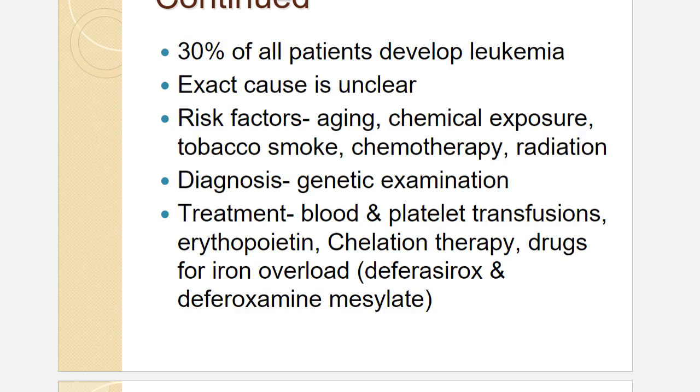Diagnosis is genetic examination, and how we treat this is blood and platelet transfusions, erythropoietin for the hopeful increase of red blood cells, chelation therapy, because if you're giving your patient a lot of blood transfusions, we worry about the possibility of excess iron in the system, because each unit of red blood cells has about 250 to 300 milligrams of iron.